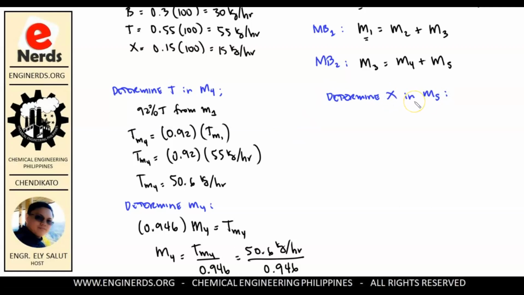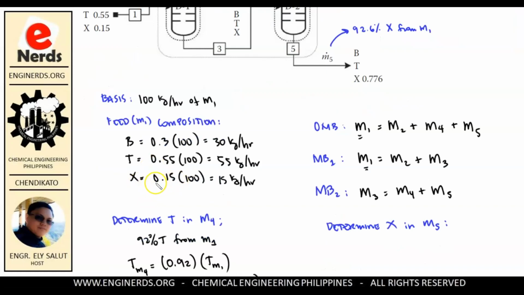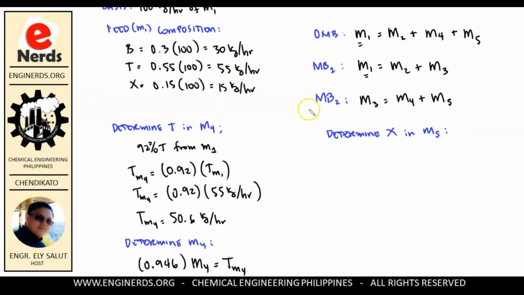Okay, so how are we going to do that? It is mentioned that our bottom will have 92.6% of X from M1. Okay, so in our M1 we have 15 kilogram per hour of X. So that means our X in M5 is equal to 0.926 of 15 kilogram per hour.